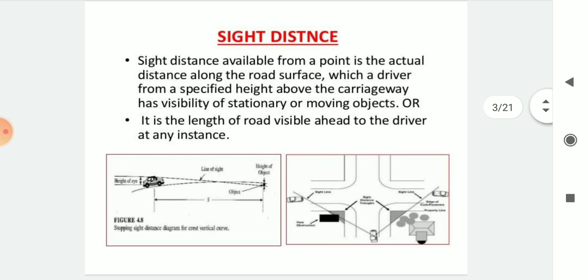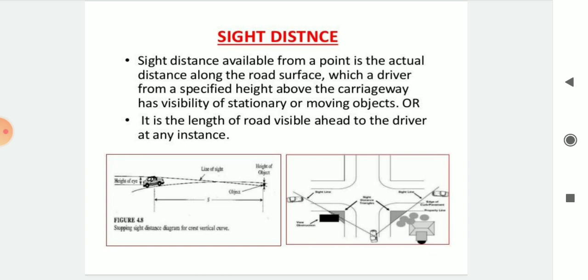The sight distance available from a point is the actual distance along the road surface at which a driver, from a specified height above the carriageway, has visibility of stationary or moving objects, or it is the length of road visible ahead to the driver at any instance.